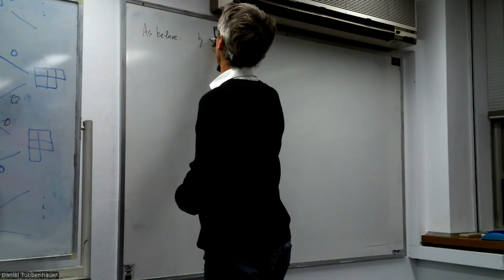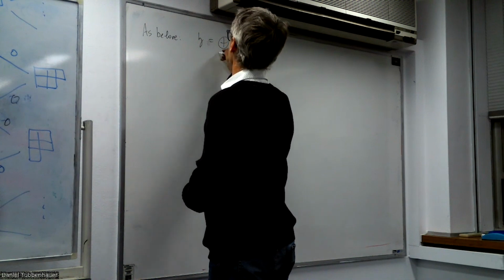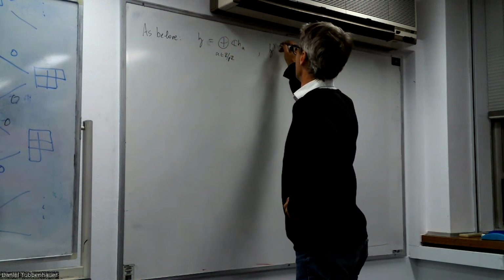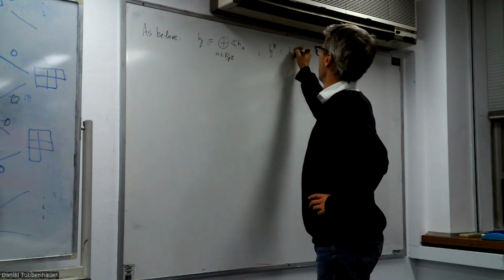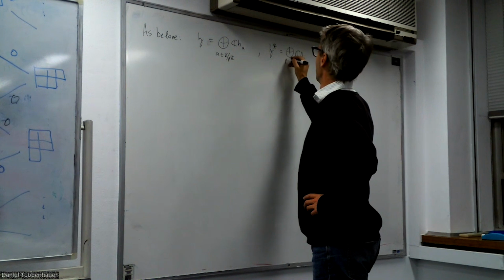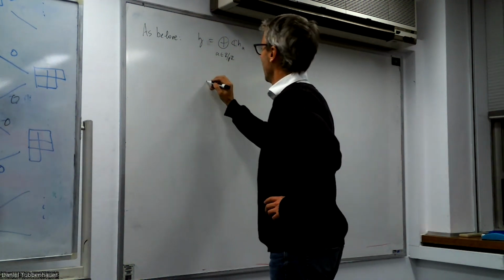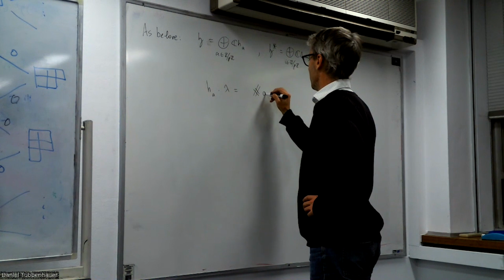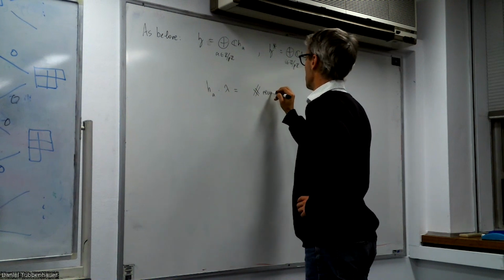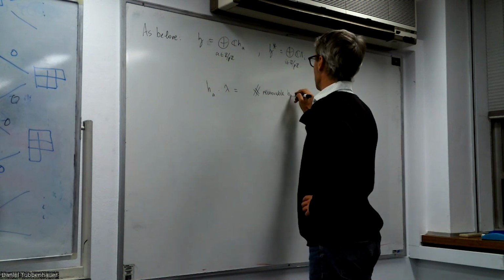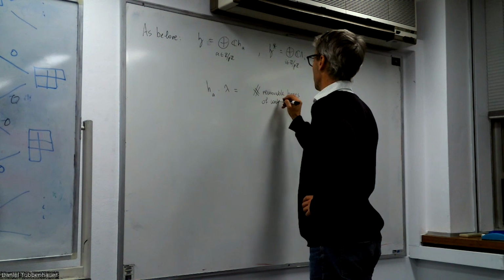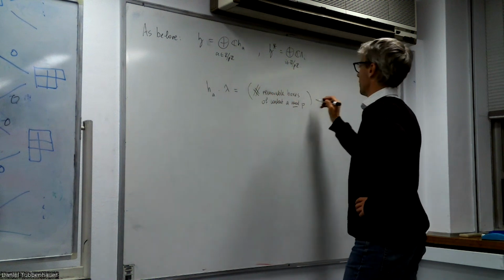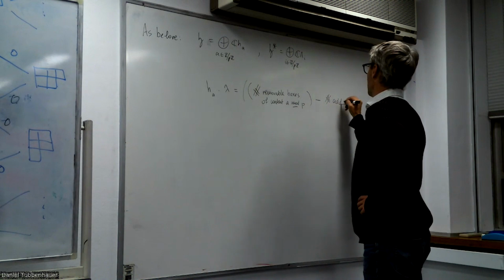H is we can define this direct sum C H A, where A will be 0 to Z. And then we have H dual direct sum C. And then H A dot lambda is the number of removable boxes of content A mod P minus the number of addable boxes of content A mod P, times that.